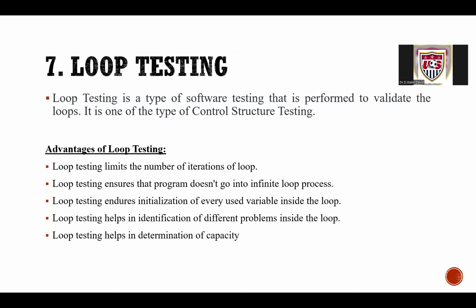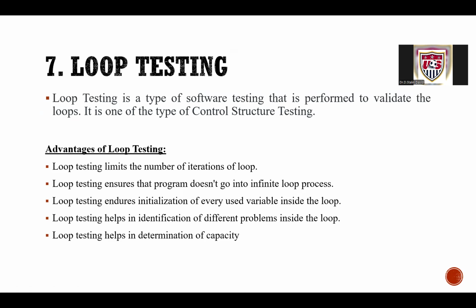And also it checks that the loops in the program operate correctly and efficiently, and that loops are handled correctly. Loop testing does not cause any error like infinite loops or logical flaws in the program.